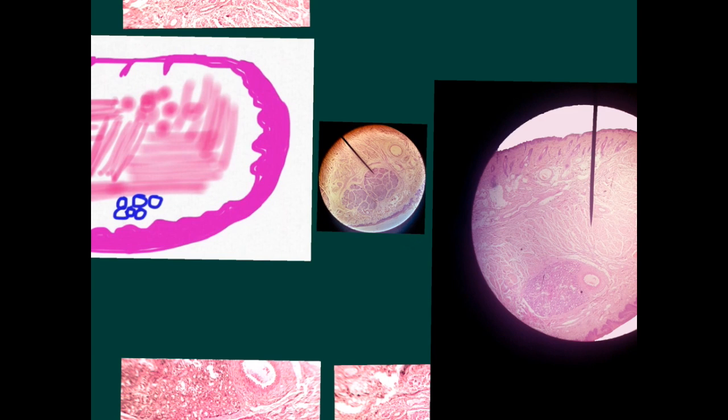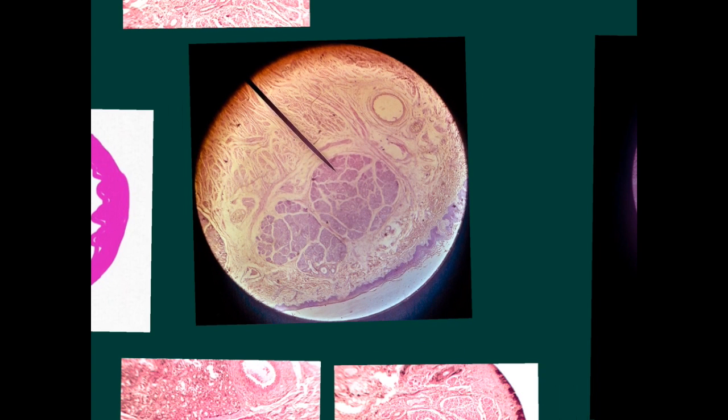Then we have another picture. Here you can see the pale blue mucous glands towards the mucous membrane side. How they are present in this glandular form.